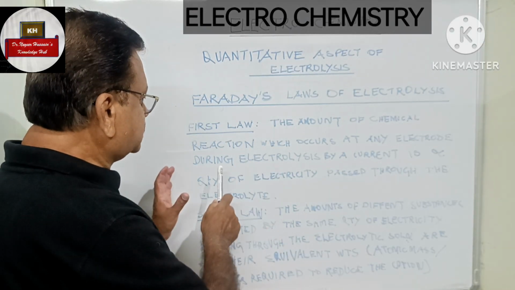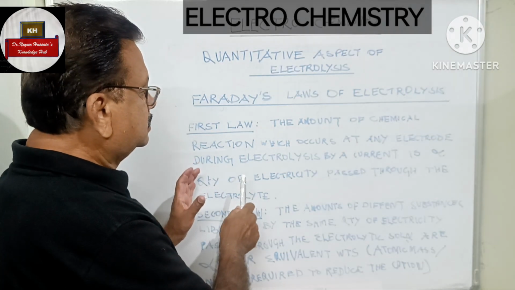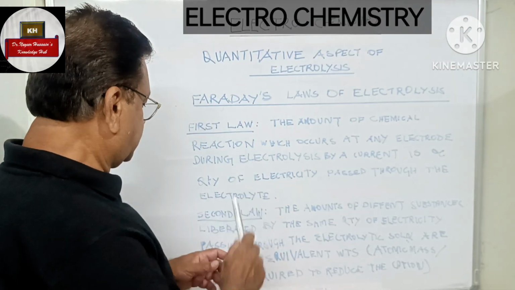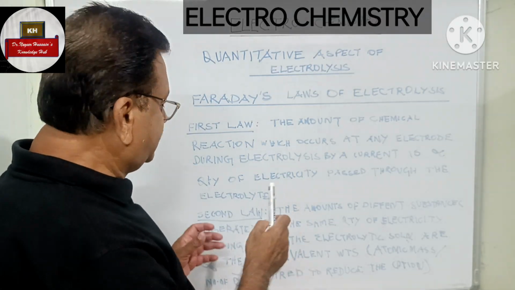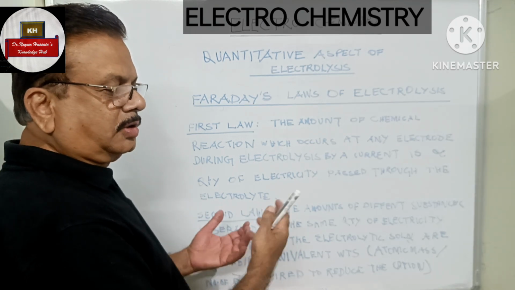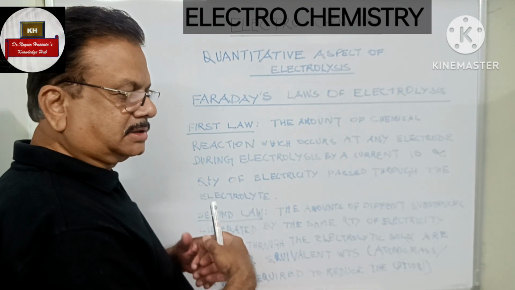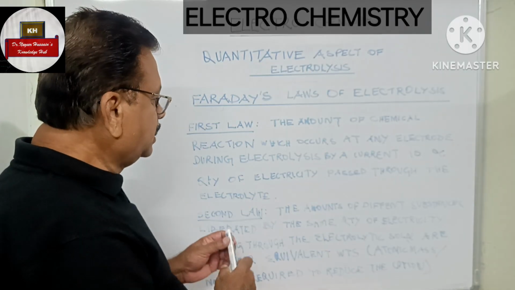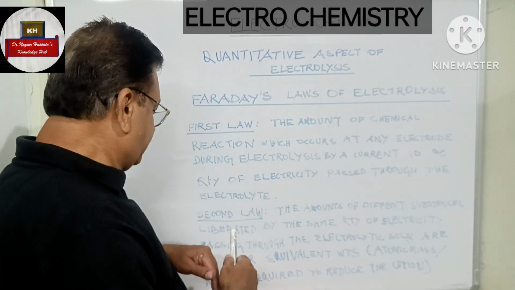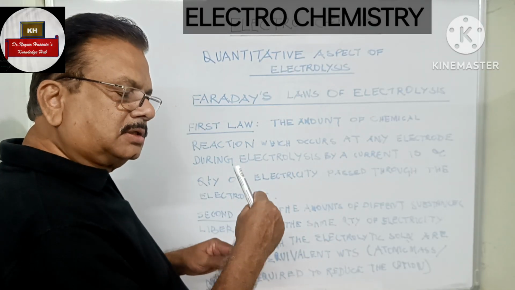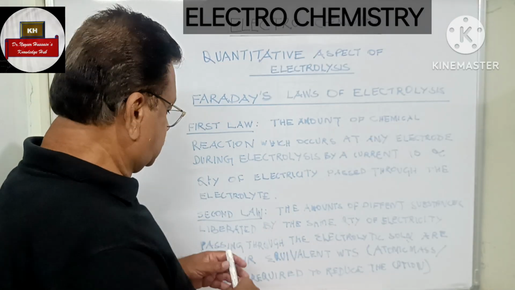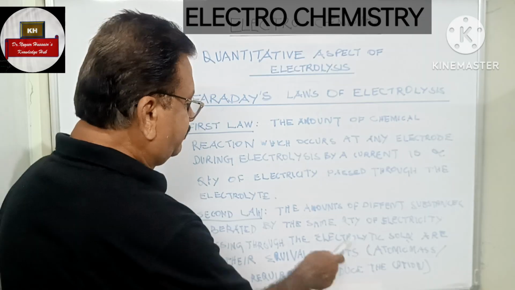The second law says the amounts of different substances liberated, whether sodium, magnesium, copper, whatever it may be, by the same quantity of electricity passed through the electrolytic solution are proportional to their equivalent weights.